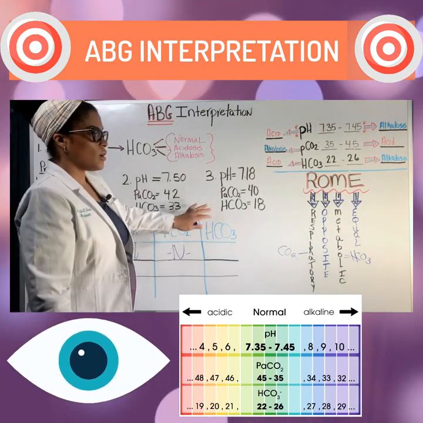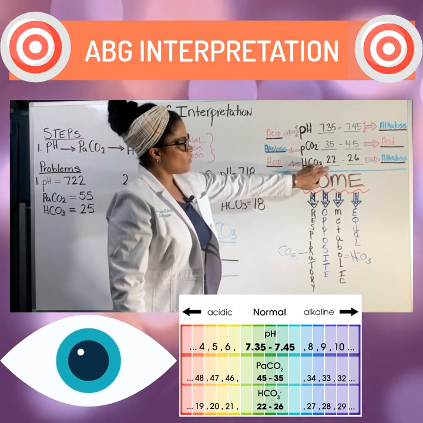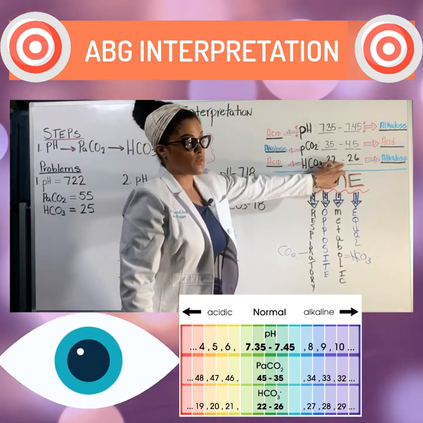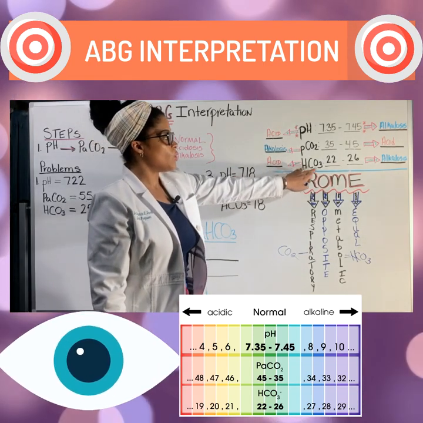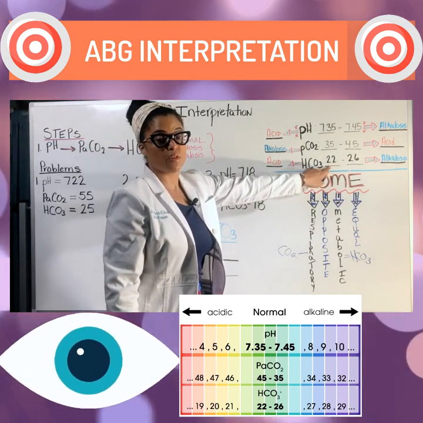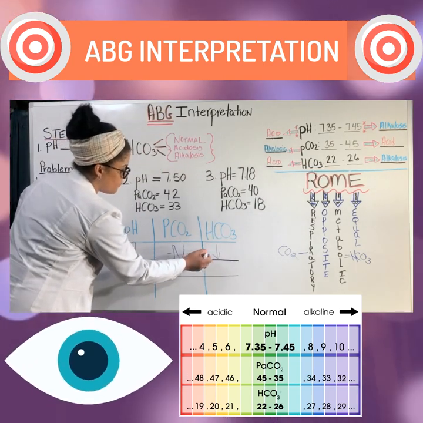Then we look at the bicarb. The bicarb in this example is 18. Looking at the range, which is 22 to 26 for bicarb, we notice that it is an acid because it is below the minimum number it should be of 22. So we put the arrow down.